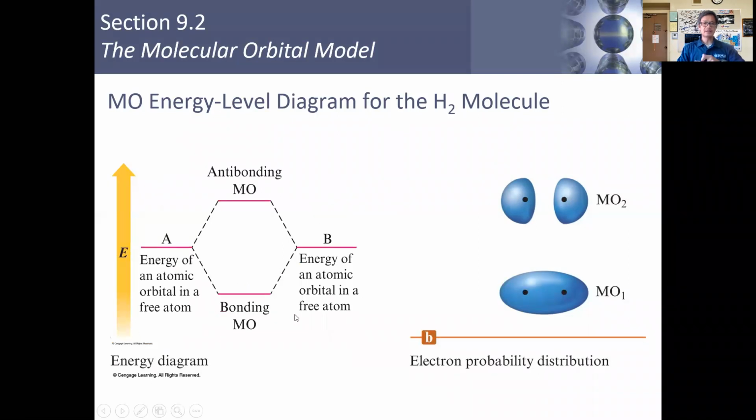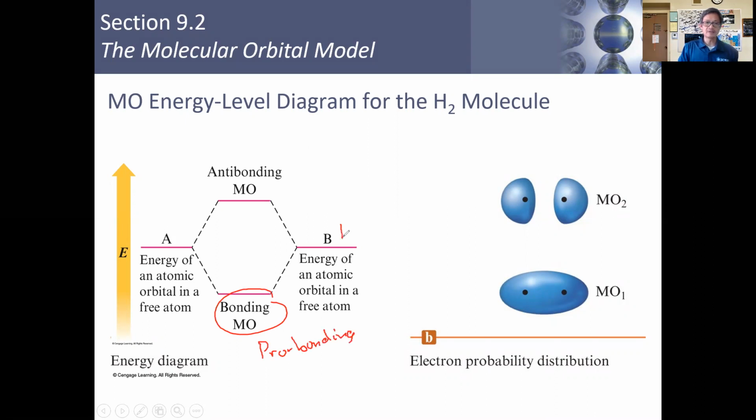We see that in the case where the electrons occupy this lower end, this is what we refer to as a pro-bonding state, because it lowers the energy of the electrons. If you have the electrons separate, they are at a higher energy state than when the electrons get together and occupy this bonding molecular orbital.